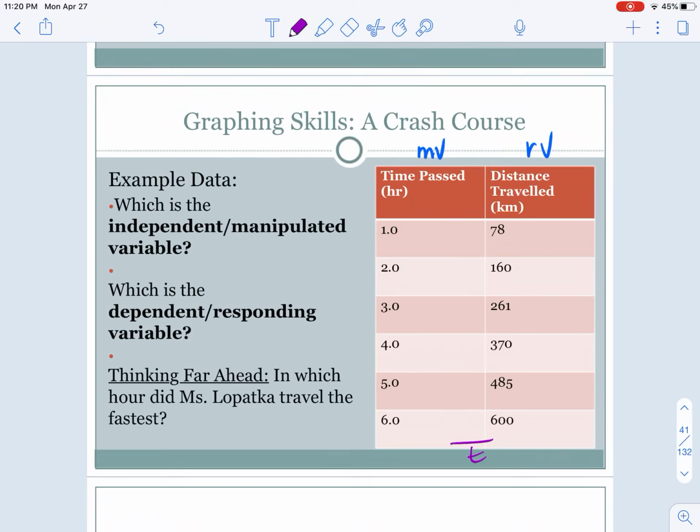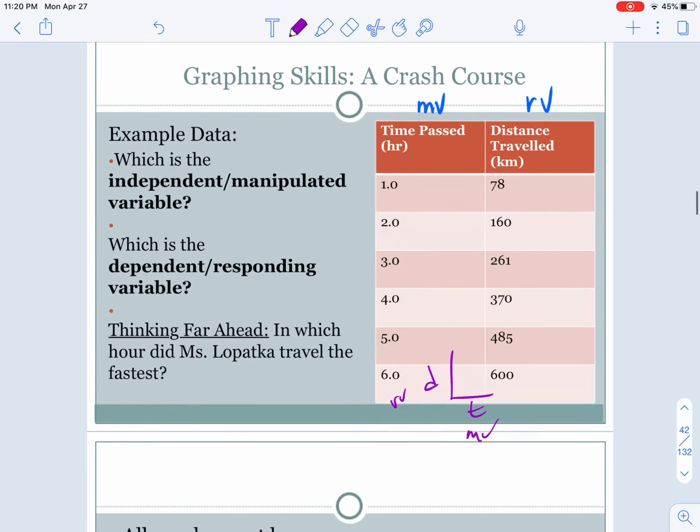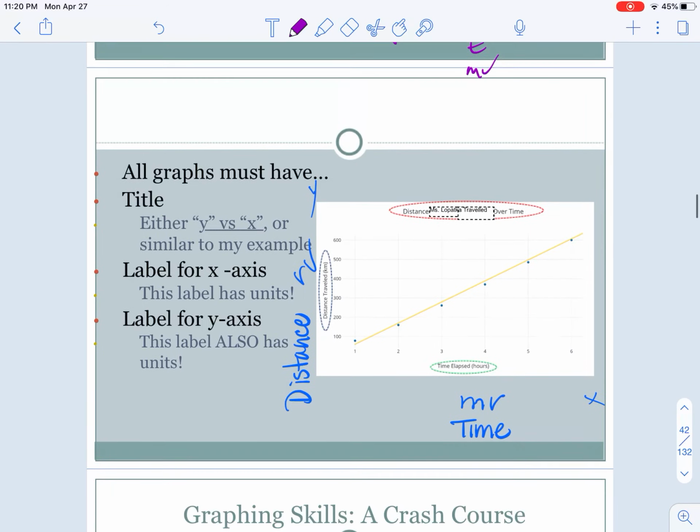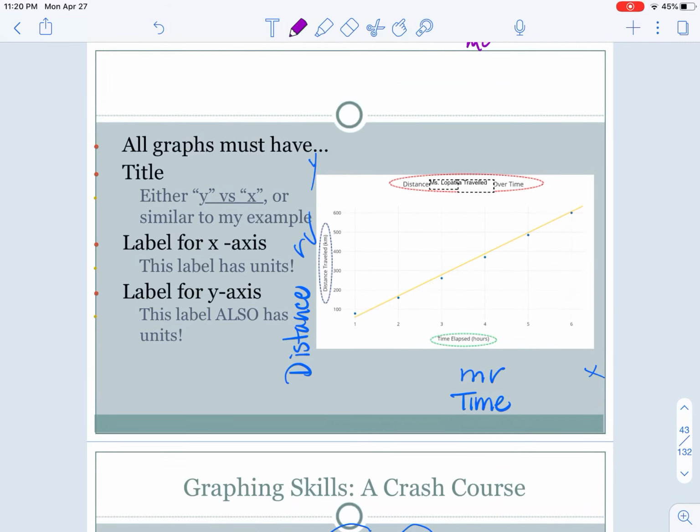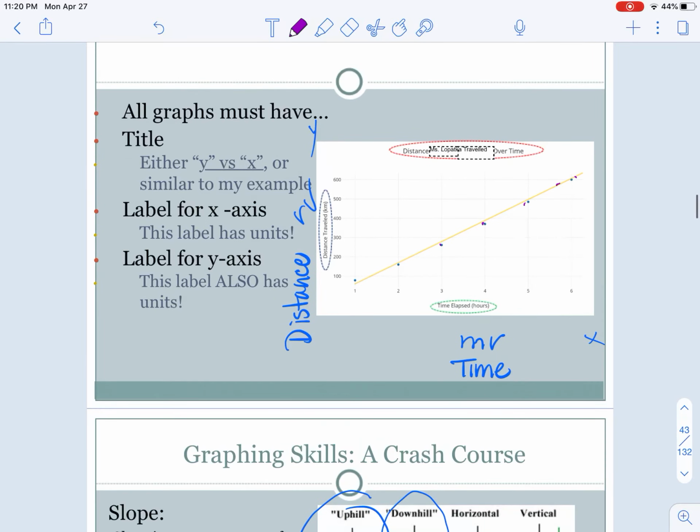And so in our distance time graph, our time would be on the bottom as our manipulated variable, and our distance would be on the side as our responding variable, because you set out the time and you're measuring distance.